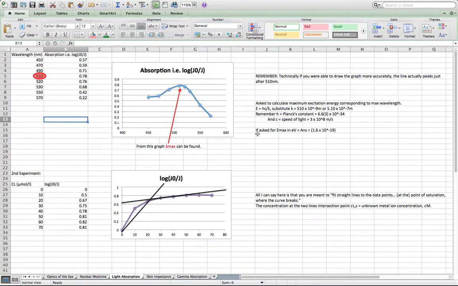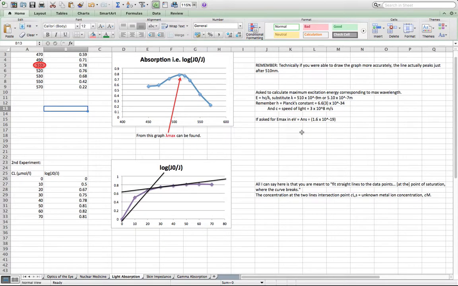However, if you're asked to then put this maximum excitation energy into electron volts, then you would just have to divide your answer by 1.6 times 10 to the minus 19, which is the charge of an electron, to give you the value in electron volts.